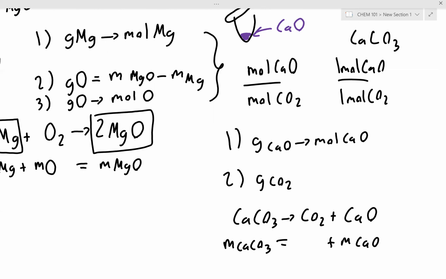So we go from calcium carbonate to calcium oxide, so let me phrase this another way. Does calcium carbonate have more atoms of each element than calcium oxide? Yes. So then we'd expect calcium carbonate to have a larger molar mass, right?